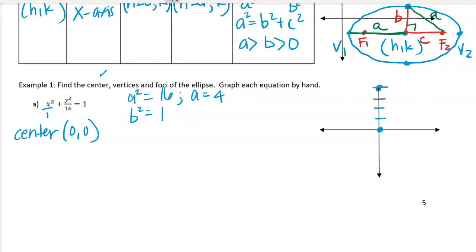Vertex number 1. 1, 2, 3, 4. Vertex number 2. And then if b squared is 1, b is 1. So we're going to go to the right how much? 1. To the left how much? 1. And that is all you need, students, to graph. You don't need the foci for graphing. You just need a and b to make your ellipse. So graphing, we're done. Now we just need to find the rest. All right, we got a, we got b. Kristen, what formula should we use to find c?